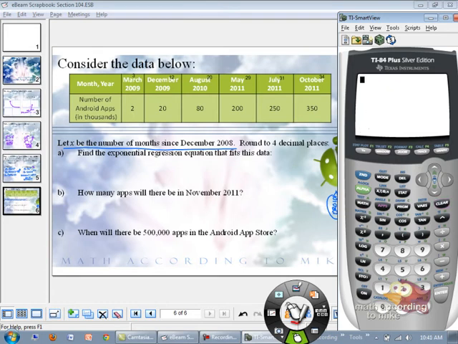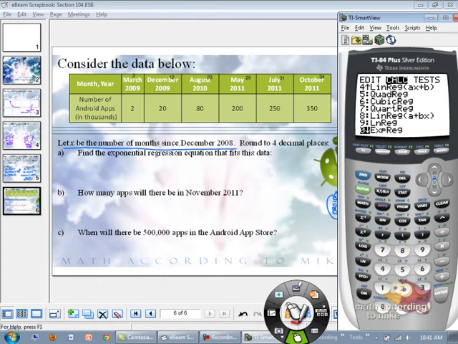Anyways, you want to go to Stat again. Scroll over once to Calc. And you're going to scroll down or up, your choice, until you see EXP-Reg, Exponential Regression.